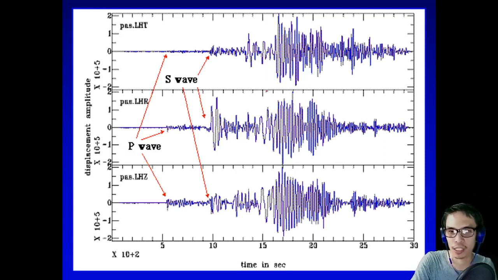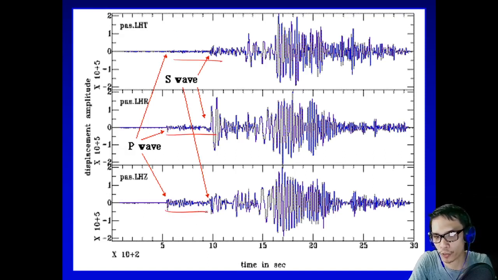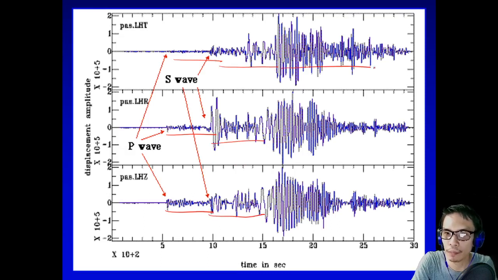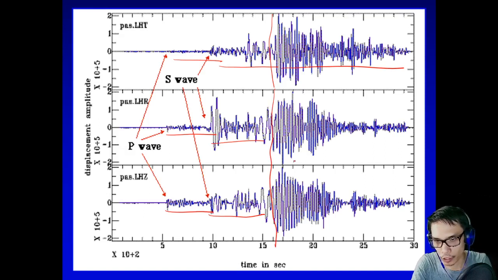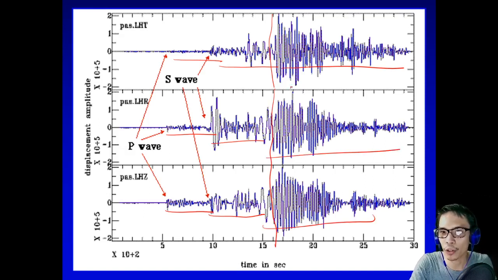These are the seismogram results. As we can see here, earlier I said that the P wave travels faster than the S wave. So here it is: the P wave is the one that goes first in your seismograph, followed by the S wave. Starting from this point, the waves you have here are called surface waves.